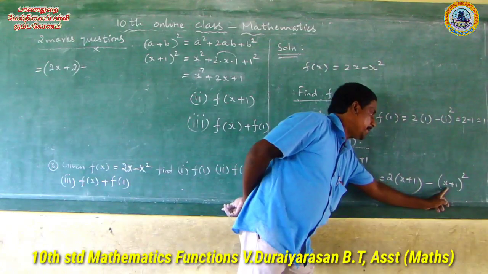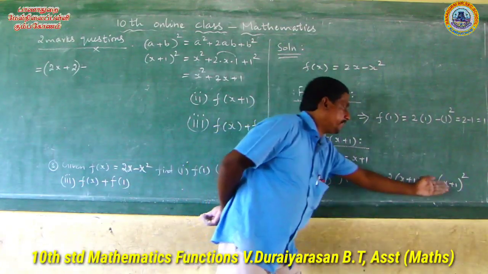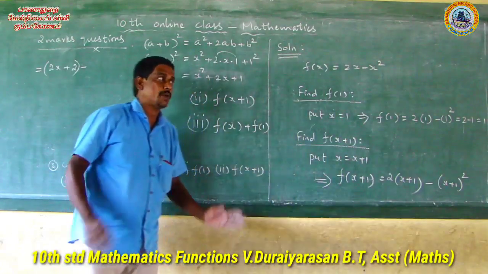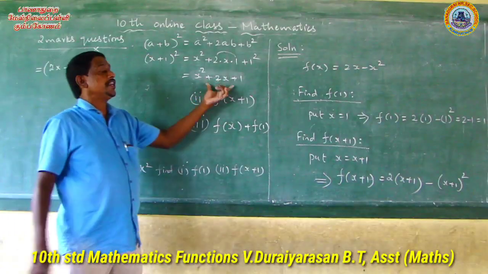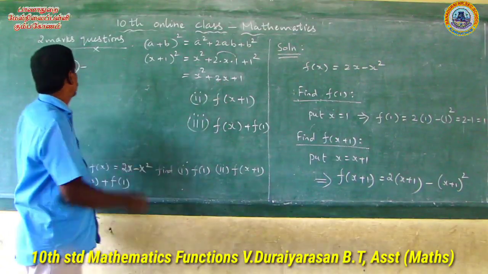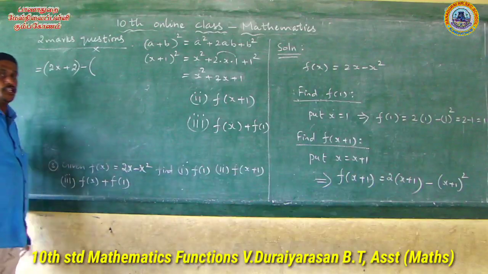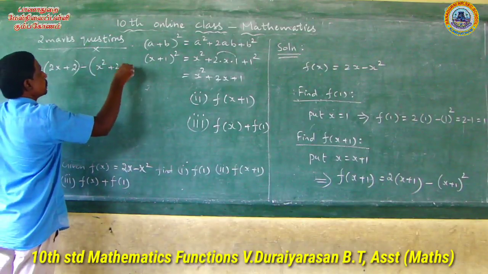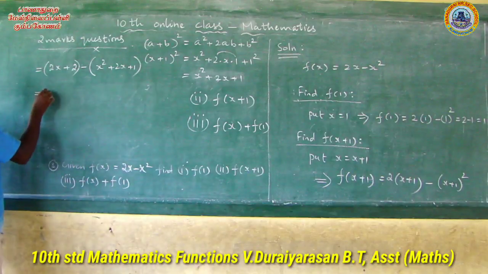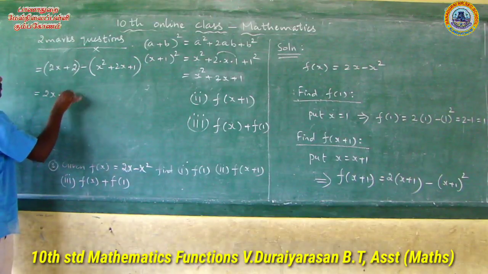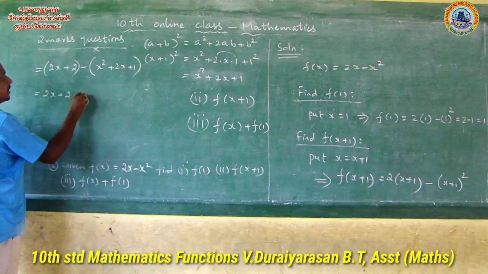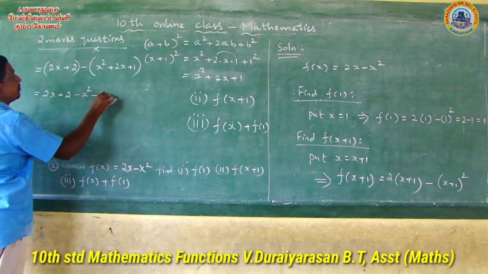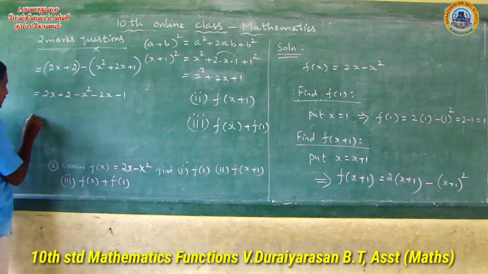Here the expanded form of the identity of x plus 1 whole square has 3 terms, but you use parenthesis: x square plus 2x plus 1. That is 2x plus 2 multiplied by minus x square minus 2x minus 1.